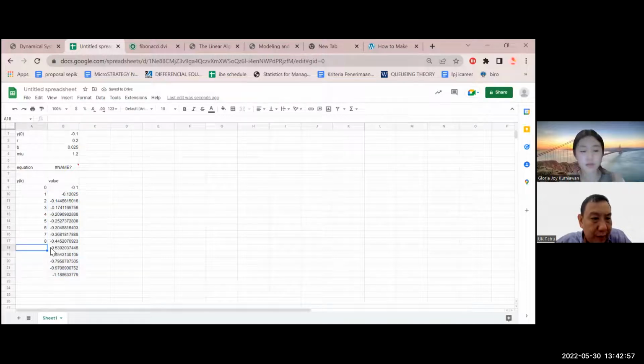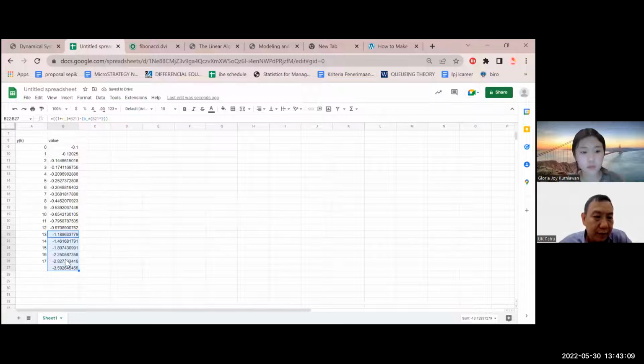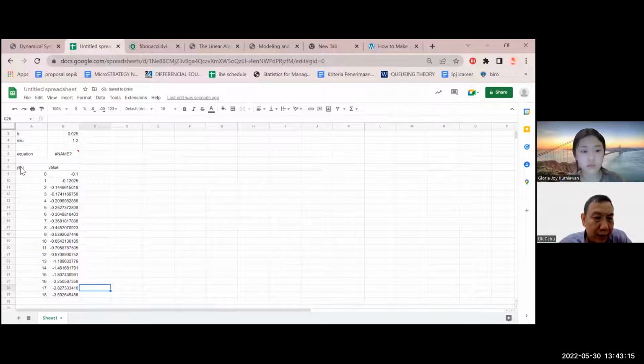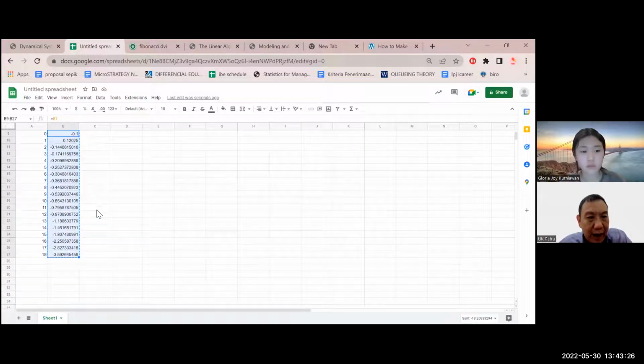Okay. Very good. Now you can copy this. You can copy column B only, the value in column B, down there and more to the right.